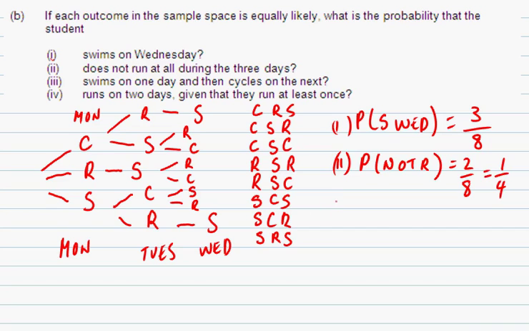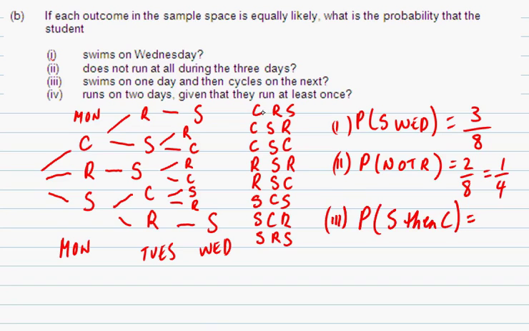For 3, we're looking for swims on one day and then cycles on the next. Probability of swimming, then cycling equals the probability of S then C. So we're looking for S then C, swimming on one day and cycling on another.